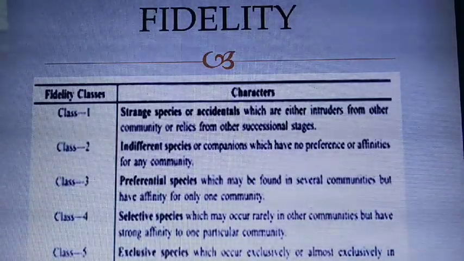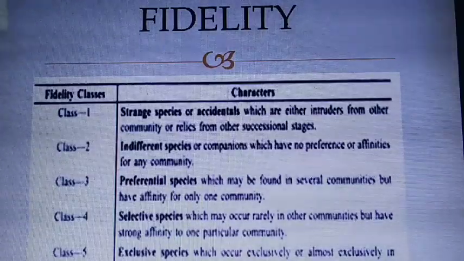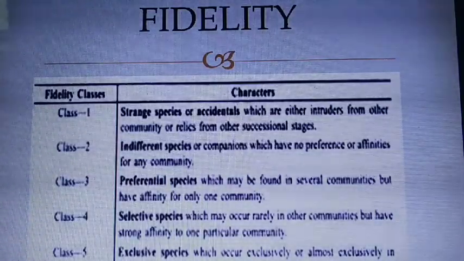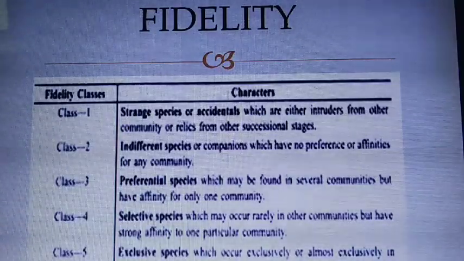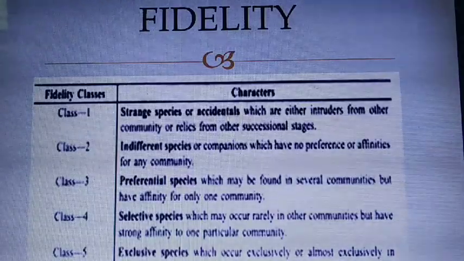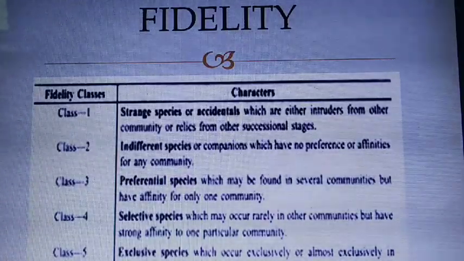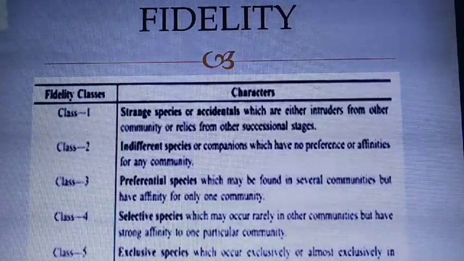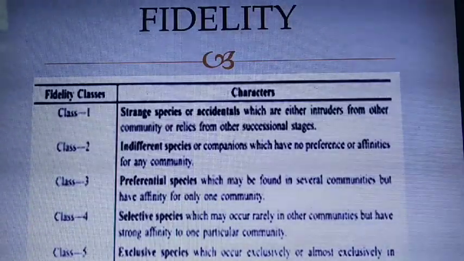So these species are actually indicators, where their presence is found in the community. Fidelity 1 or class 1, the plants that appear accidentally. So they are known as strange species or accidentals.